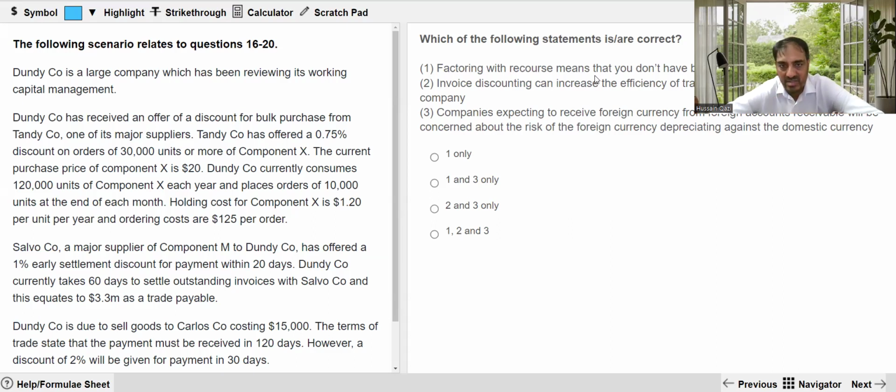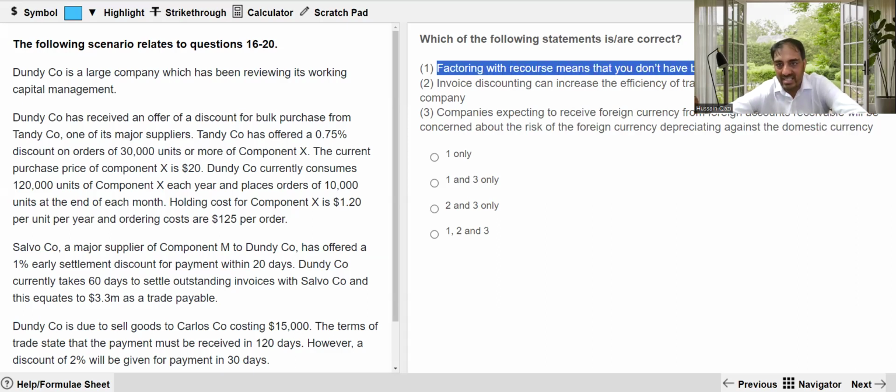Second statement: invoice discounting can increase the efficiency of trade receivable management for a company. Third statement: companies expecting to receive foreign currency receivables will be concerned about the risk of the foreign currency depreciating against the domestic currency.